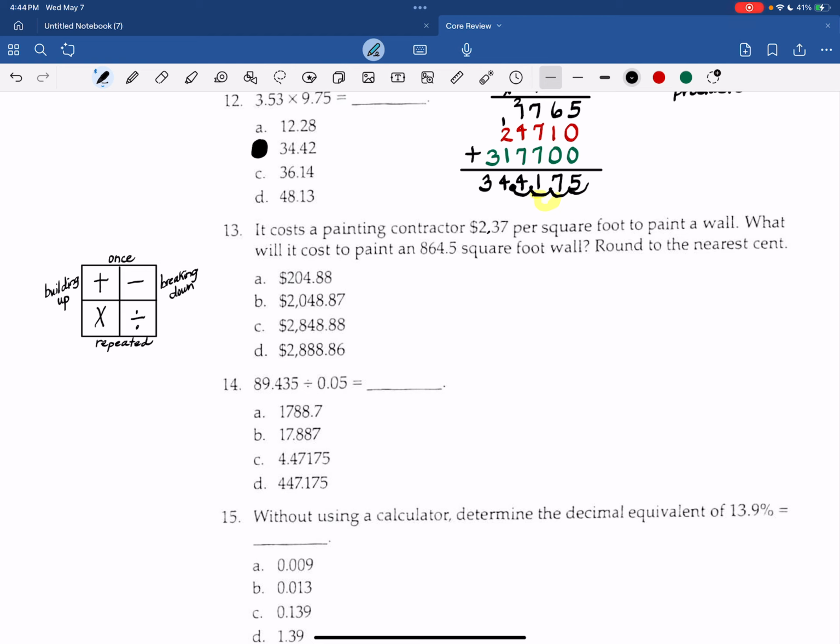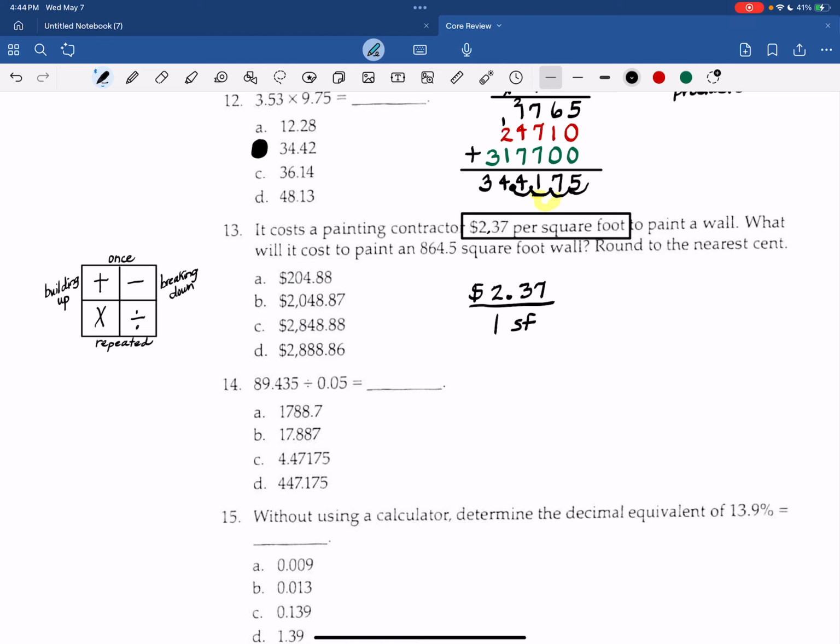Now, if you know that you need to divide on this one, go ahead and do that. But this is what catches my eye. This tells me I'm dealing with a ratio. In other words, we know that we have $2.37 per square foot. So 1 square foot. That is a ratio.